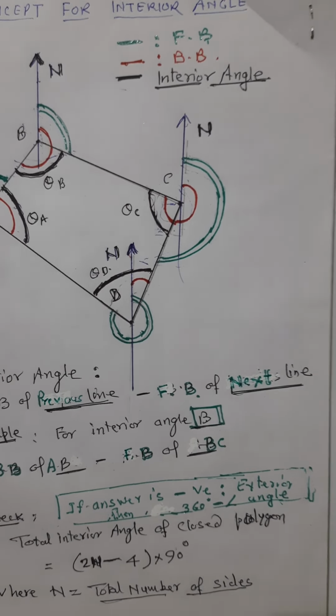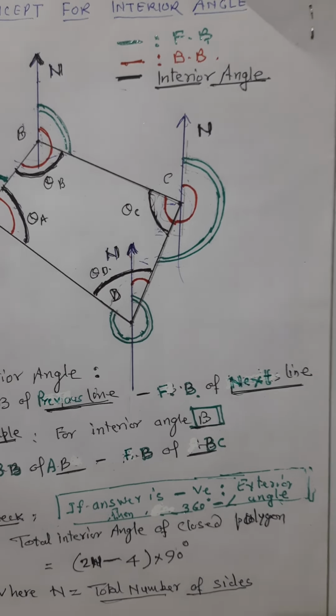So we come to a conclusion to calculate the interior angle in mathematical form: the interior angle is equal to the back bearing of the previous line minus the fore bearing of the next line. So we have formulated one expression to calculate that angle.